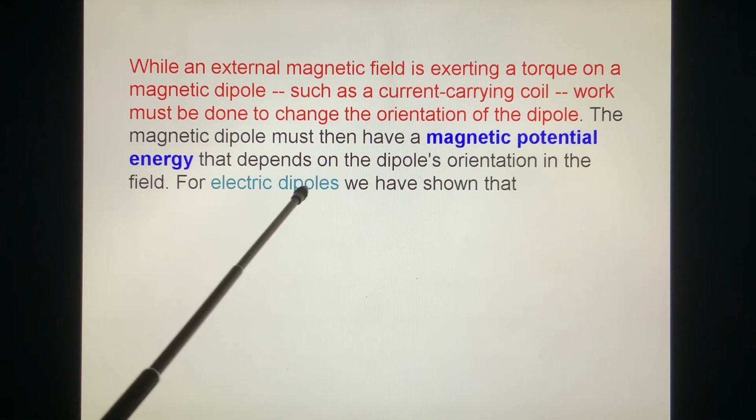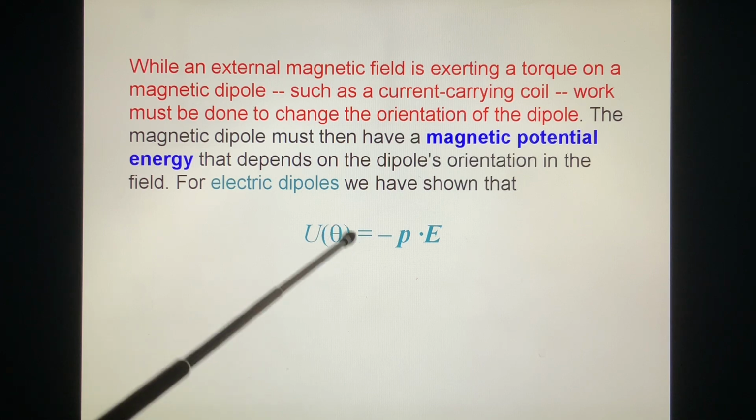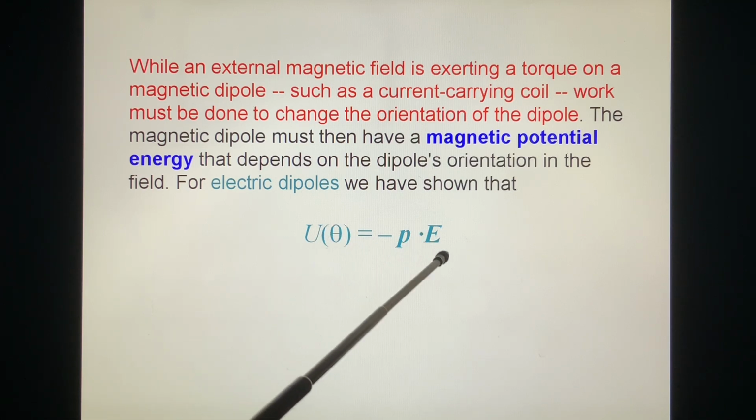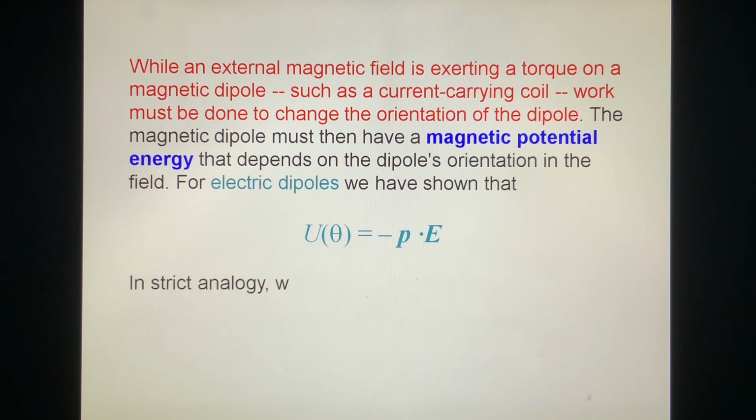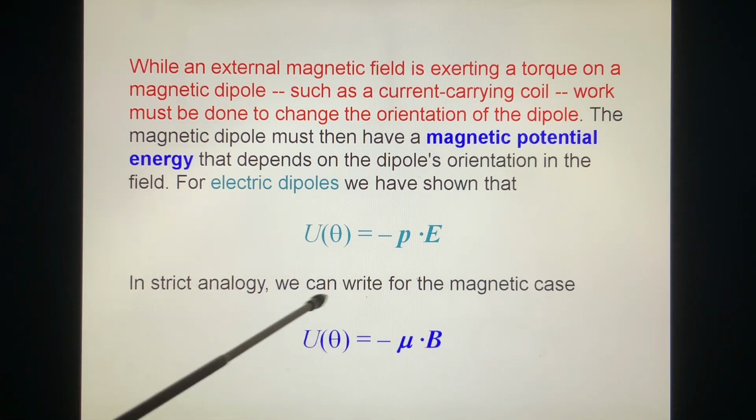For the electric dipole, we have shown that U of theta in an electric field is minus p dot E. In a strict analog, we can write for the magnetic case that the magnetic potential energy equals minus mu dot B.